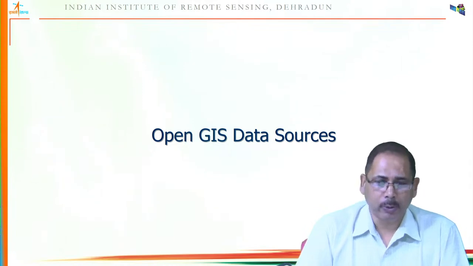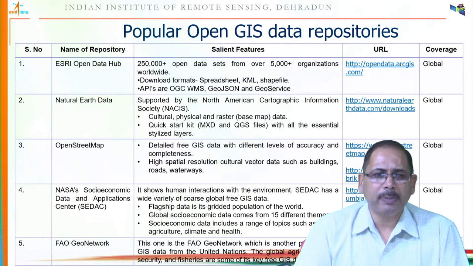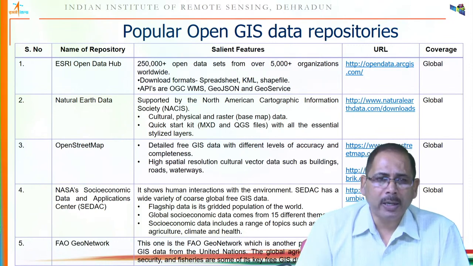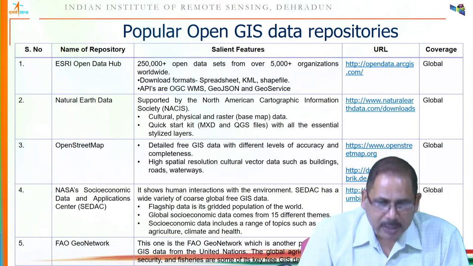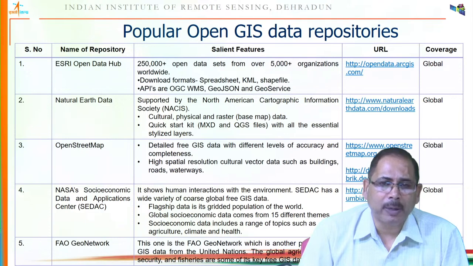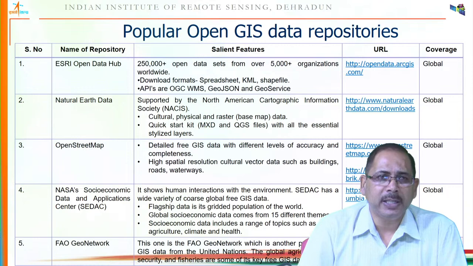In addition to satellite imagery, sometimes you require GIS data. GIS data is also available from some popular data repositories. I will start with the ESRI Open Data Hub. ESRI is a very popular company, basically popular for providing the GIS software called the ArcGIS suite of products.